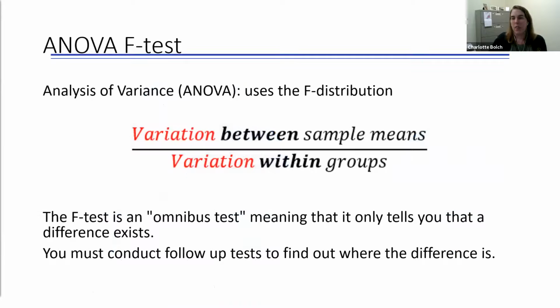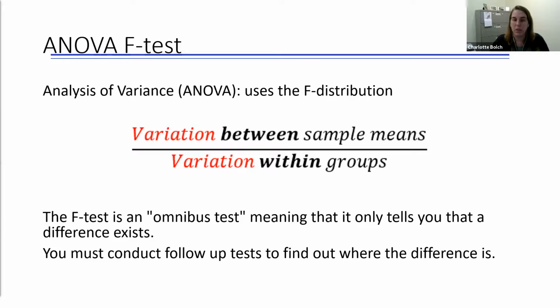That specific test is an ANOVA test. ANOVA stands for analysis of variance, and it's called the F test because it uses a specific type of distribution called the F distribution. What we're really looking at with an ANOVA is the variation between our sample means over the variation within our groups.